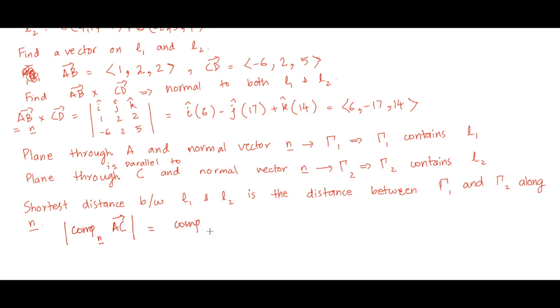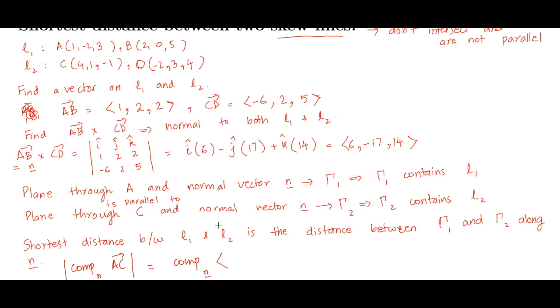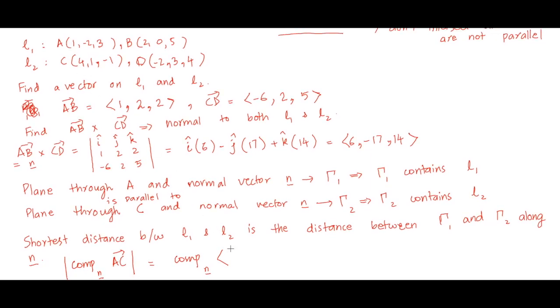So what is AC? If we go a little bit up, AC is 4 minus 1 is 3, 1 minus 2 is again 3, and minus 1 minus 3 is negative 4.